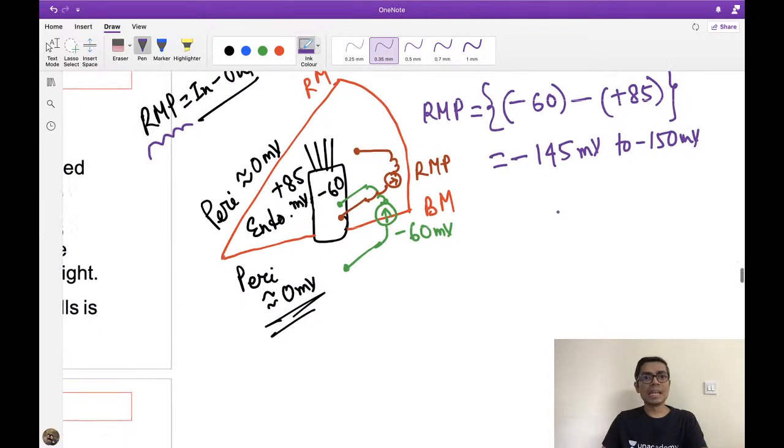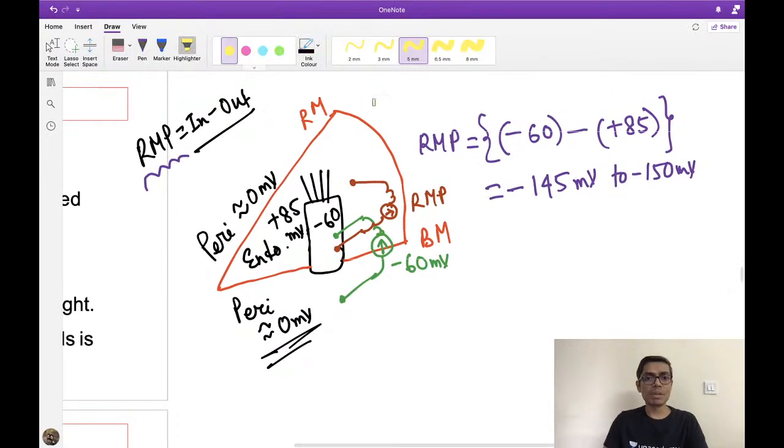That's why in some books you will find that the RMP of the hair cell is minus 150 millivolt, and in others the RMP of the hair cell is minus 60 millivolt, which is given in Ganong. So they depend. If the RMP is with respect to perilymph, then your answer is minus 60 millivolt. If the RMP is with respect to endolymph, then your answer is minus 150 millivolt. Both are the same thing.